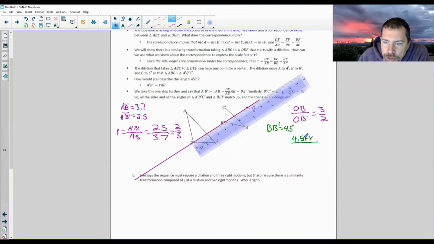So it's going to be 4.5 plus x divided by x equals 3 over 2. Okay, cross multiply. 9 plus 2x equals 3x. Subtract 2x from both sides and get x equal to 9.